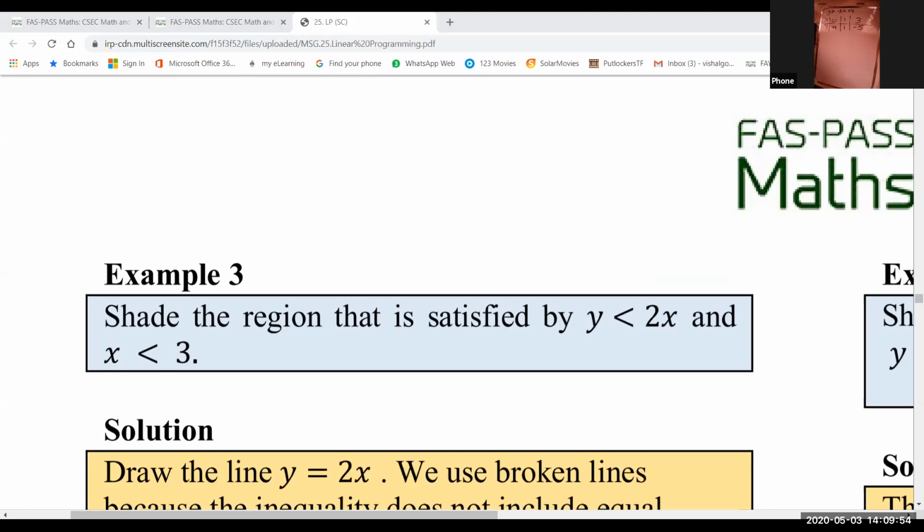Just a minute. Shade the region that is satisfied by y is less than 2 and x is less than 3.